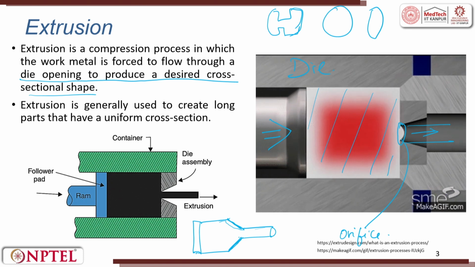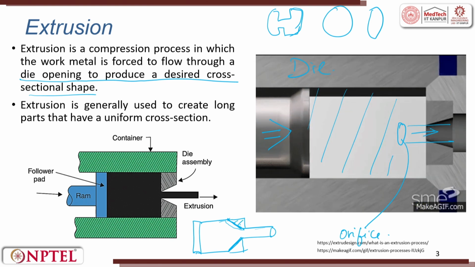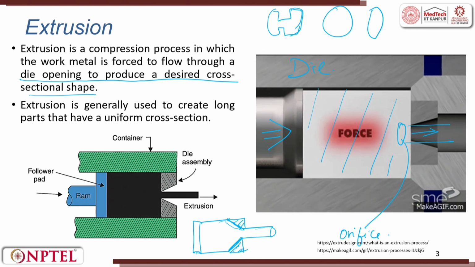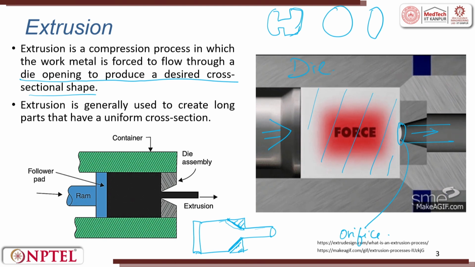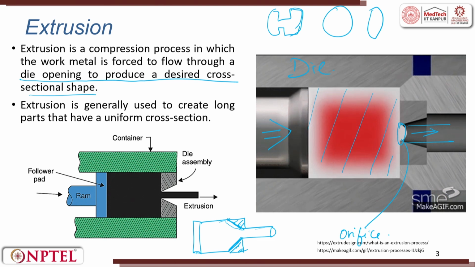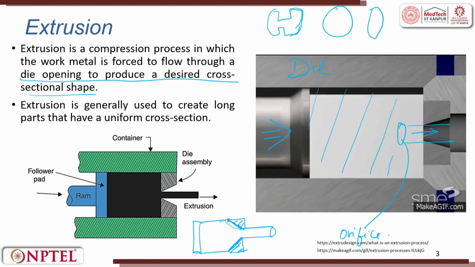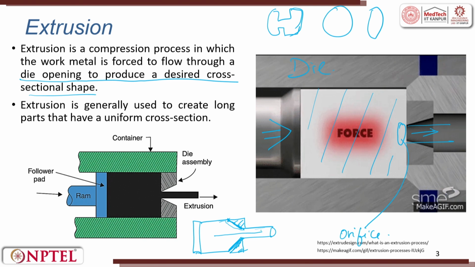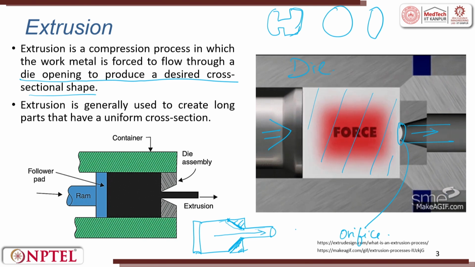Why this taper? If the taper is not given and it is a square one, then this portion becomes the dead zone. What is the dead zone? The material gets accumulated here and it is always a waste. So, we always try to have some taper, so that all the material gets extruded out.